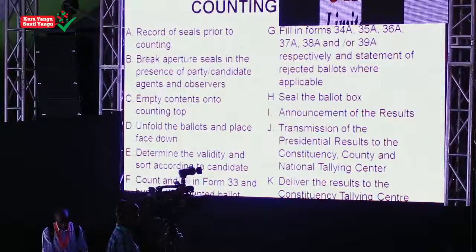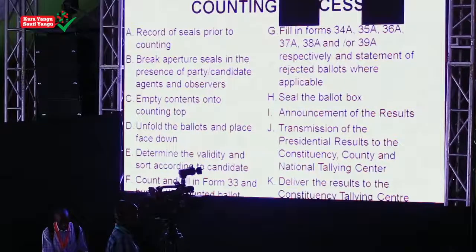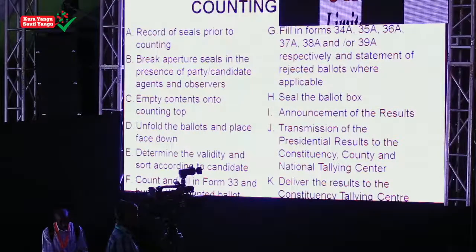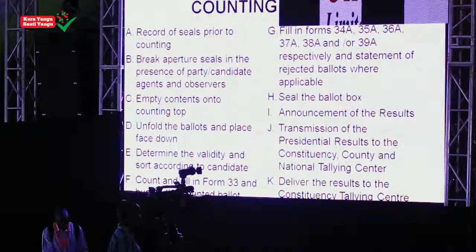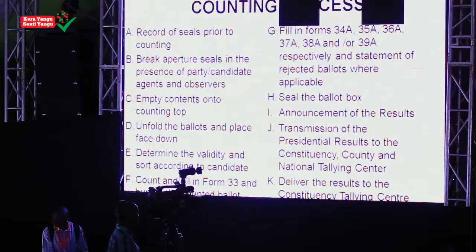The A series are for Form 34A for presidential, for National Assembly, for County Assembly, for Senator, for Governor, and for County Women Rep. They then seal the ballot box, they announce the results, they transmit the results for presidential, then to the county, constituency, and the national tallying center. They then deliver the results to the constituency tallying center.